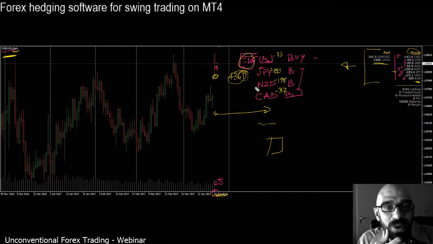Okay, so basically, of course, if I have to trade something that is very strong against three, possibly four, let's say with this euro dollar, but I don't trade euro dollar in this case, I decide to trade the strongest of the majors with the weakest majors, that are expressed by these negative values.